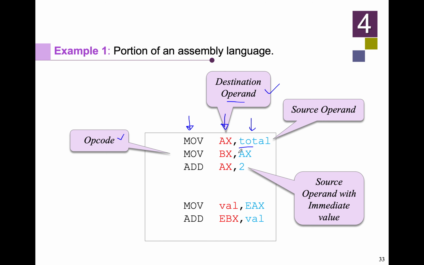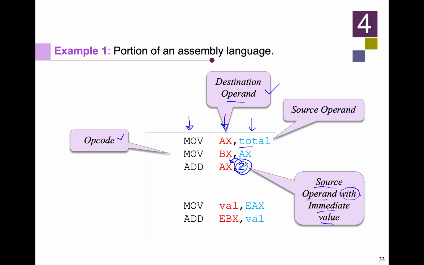So here, this is the example of a source operand with an immediate value, where the value is already mentioned directly, which is immediate.